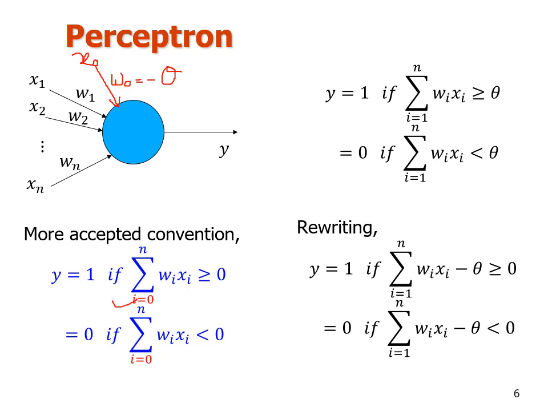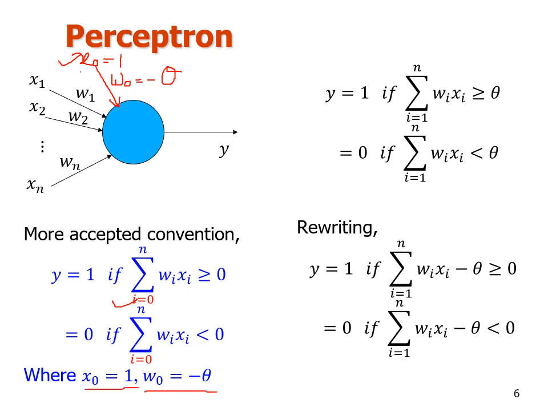So we would like to add this theta as one of the inputs to the neuron, and hence we can add one more input x0, which is always equal to 1, with the associated weight w0 equal to minus theta.